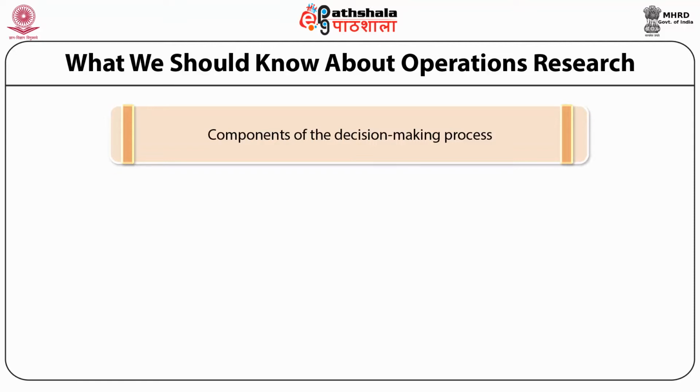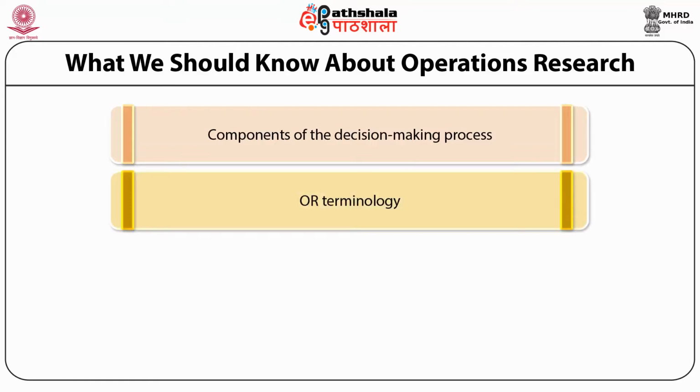Secondly, the operations research terminology. Before we apply mathematical modeling or we apply OR in library situations, it is vital that each and every staff member of the library is acquainted with the operations research terminology, not only terminology, but the manner in which OR can be efficiently applied.